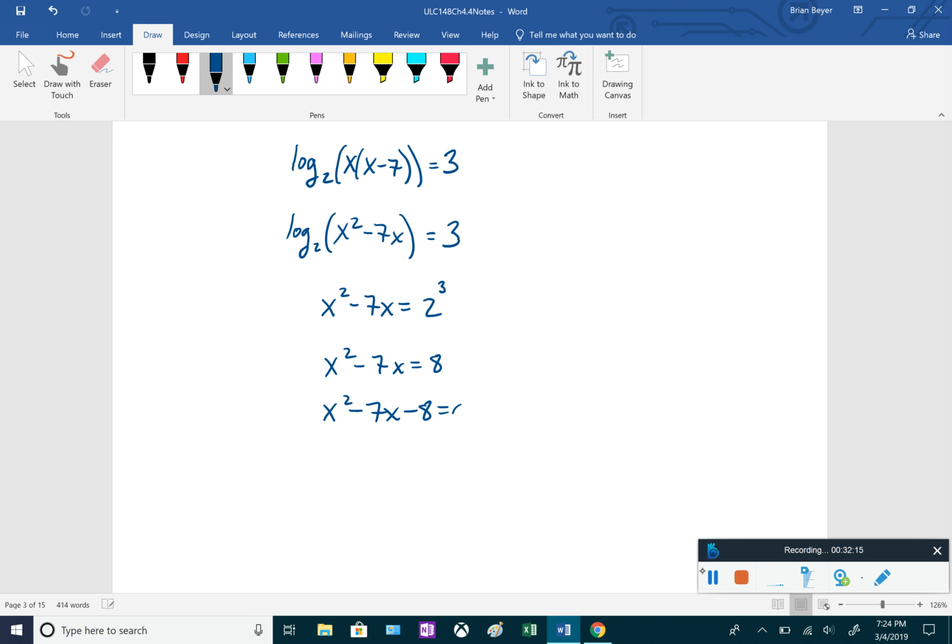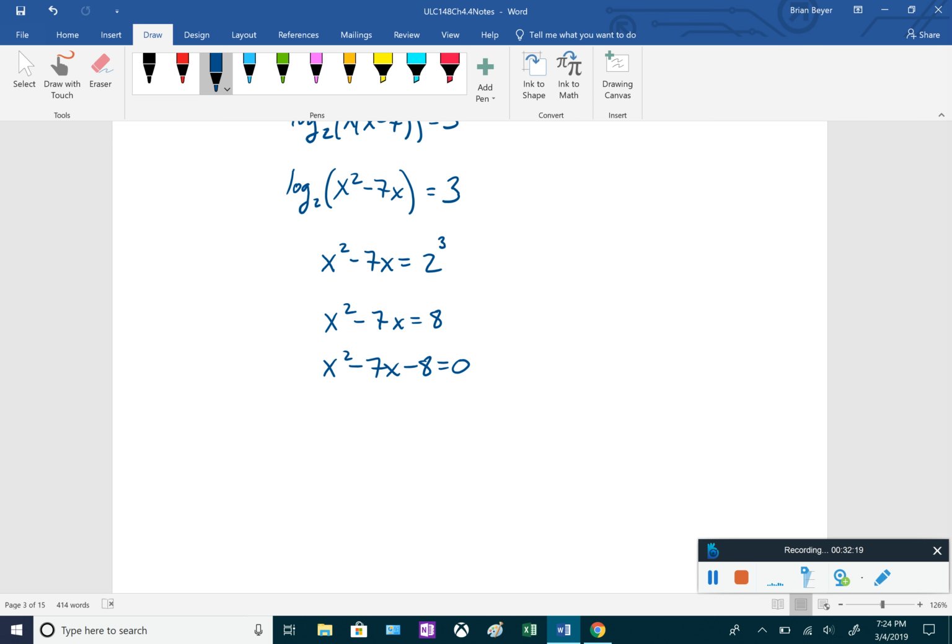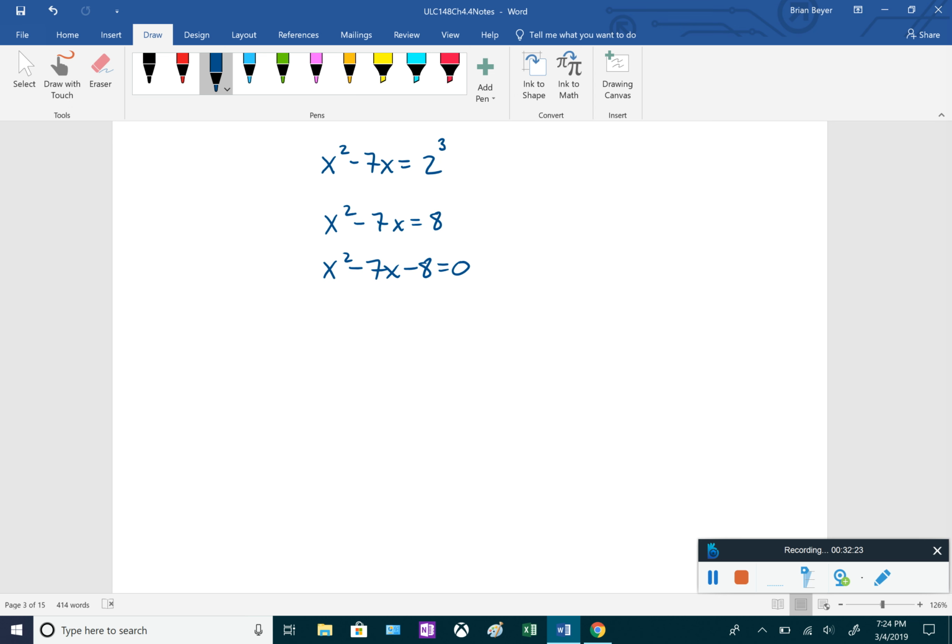Subtract 8 on both sides and get x squared minus 7x minus 8 equals 0. We hope that this can factor, and it can. We factor it as x minus 8 times x plus 1. We set these equal to 0 separately. x minus 8 equals 0 gives us x equals 8. x plus 1 equals 0 gives us x equals negative 1.